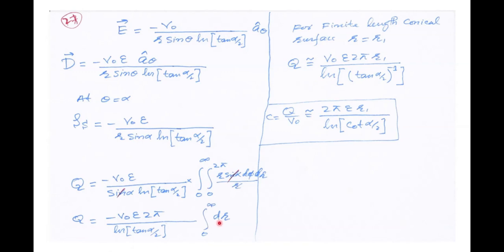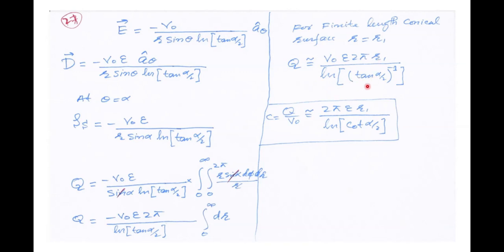For a finite length conical surface, let's say r equal to r1, then the total charge is approximately equal to V naught epsilon times 2 pi r1 divided by ln. Bring the negative sign inside the argument of the logarithmic function. So we can easily obtain the total charge carried by the conical surface, which is equal to V naught times epsilon 2 pi r1 ln.